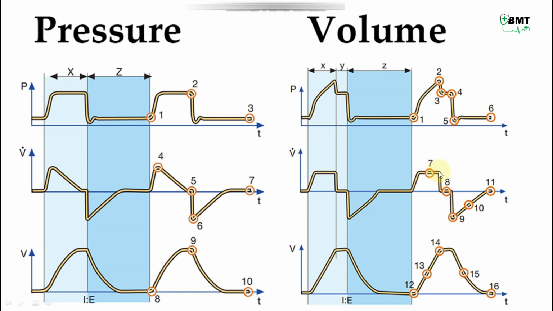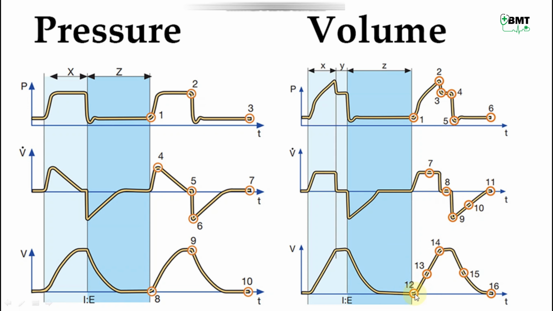In this is the inspiratory flow, this is the inspiratory pause time, this is the zero flow phase, and then this is the peak expiratory flow, and from here the expiration ends. So it is the expiratory flow.